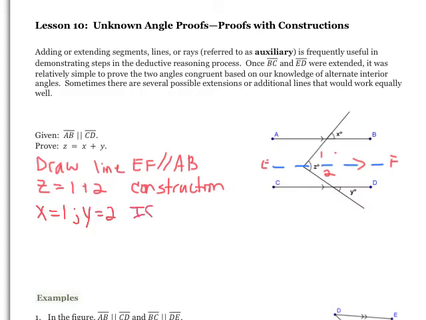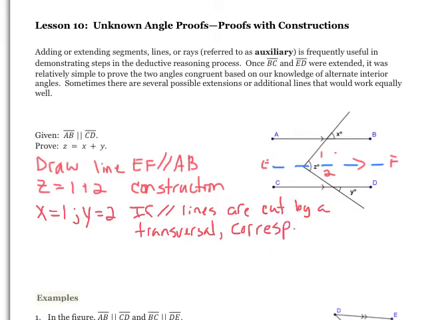If parallel lines are cut by a transversal, corresponding angles are equal. You have to write all that out. Well, then it's just substitution. Since X is equal to 1 and Y is equal to 2, we have Z is equal to X plus Y. And that's the substitution property.